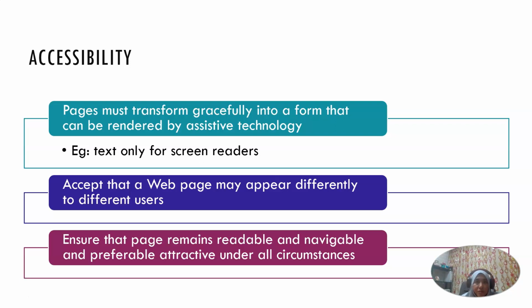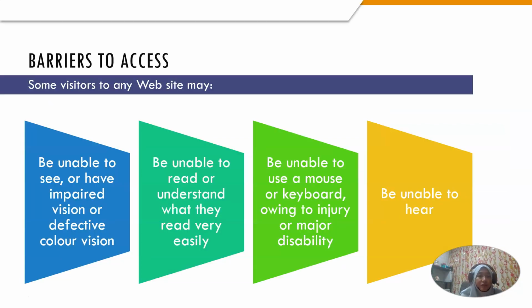In summary, when you want to access your content on the web, make sure all the multimedia elements are working properly. Barriers to access: some visitors to any website may be unable to see, or have impaired vision or defective color vision. We are talking about people with special needs, for example a user with impaired vision.